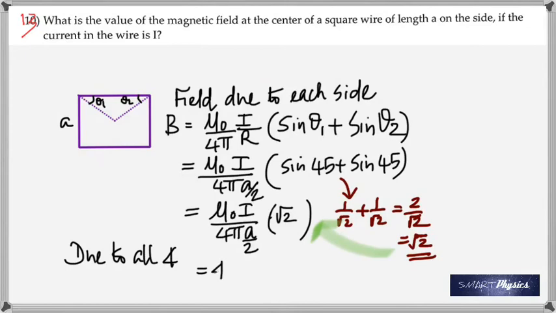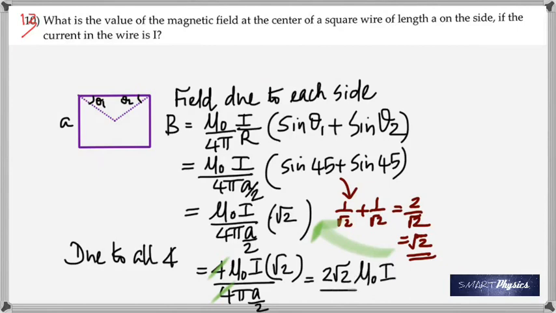I had made a mistake on that. So due to all the 4 would be 4 times that, and you get the answer as 2 root 2 mu naught I by pi. That is the answer.